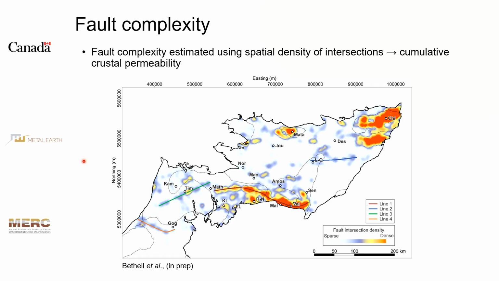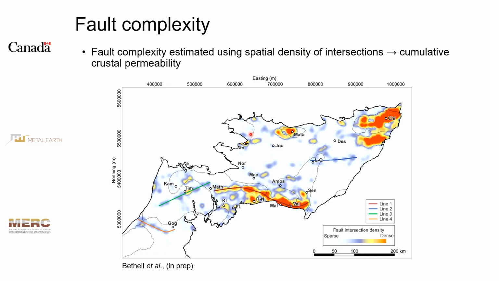If we look at a simple measure of the complexity of those fault systems, just the spatial density, a heat map of the intersections between faults, this is what you get from those two data sets. We're looking at areas where we have the highest amount of crustal permeability, and we do see hotspots associated with our major areas of VMS mineralization.